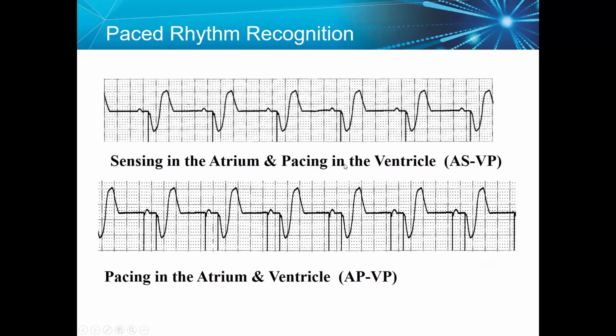Here, sensing in the atrium and pacing in the ventricle, like this: normal P wave, no pacing spike before it, and then ventricular pacing preceded by a pacing spike. And atrial pace, ventricular pace: there is a pacing spike before the P wave and before the QRS.